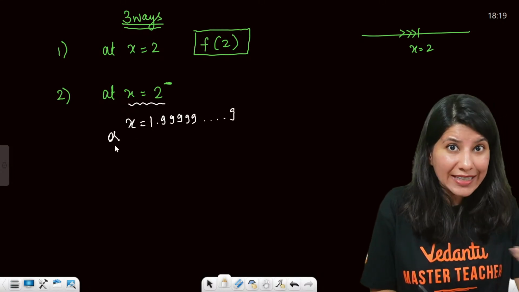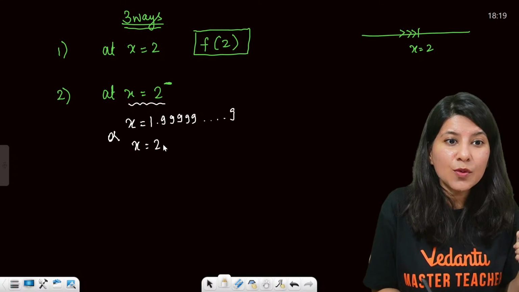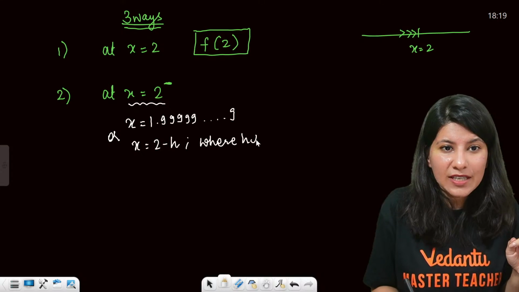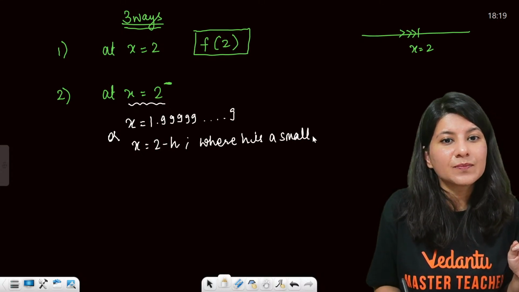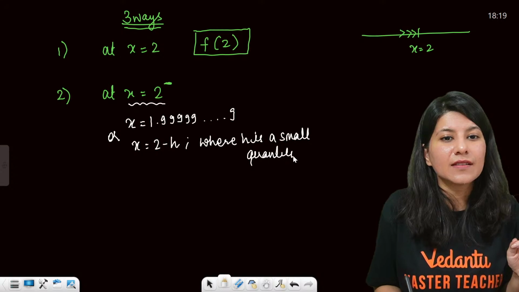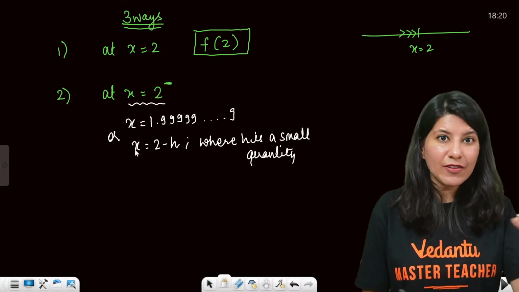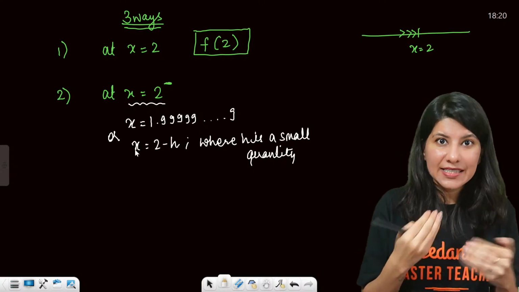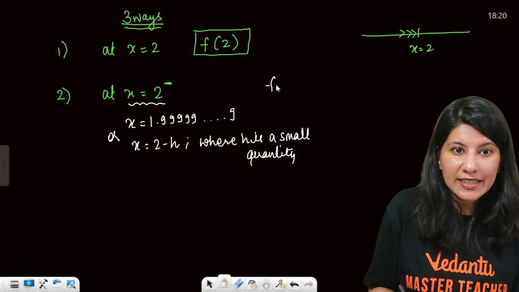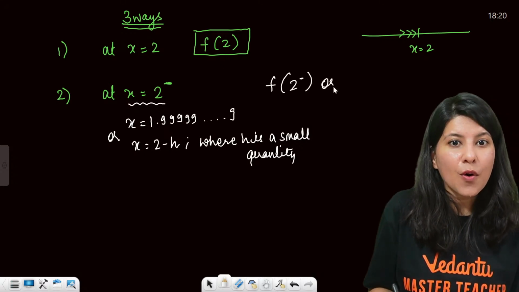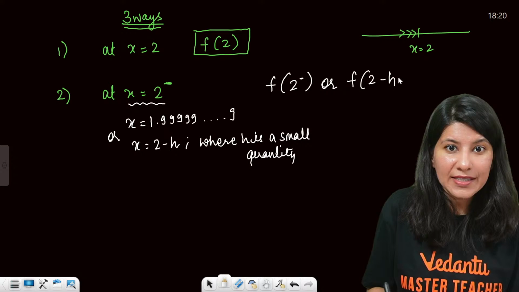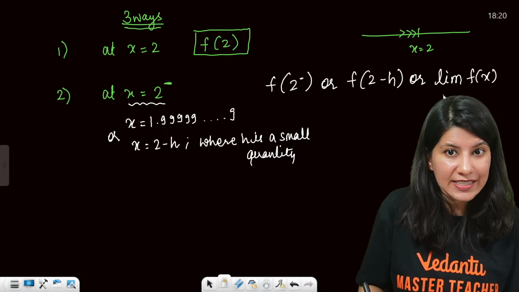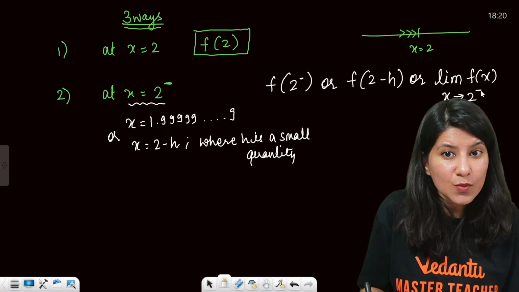Or we can also write it as x equals 2 minus h, where h is a small quantity. So the second way is approaching the function from the left hand side. We will write it as f of 2 minus, or f of 2 minus h, or as the limit of the function f(x) where x is tending towards 2 minus.